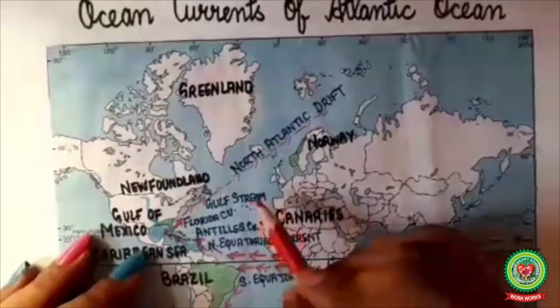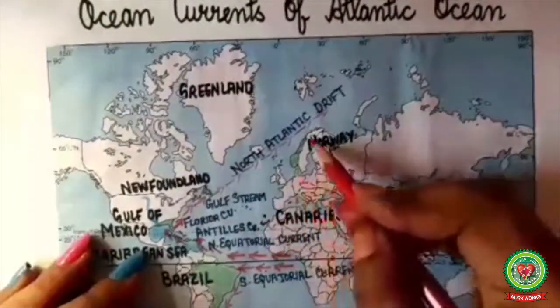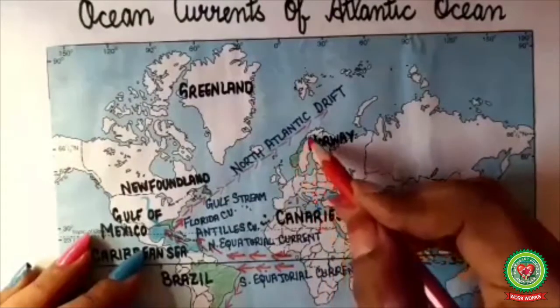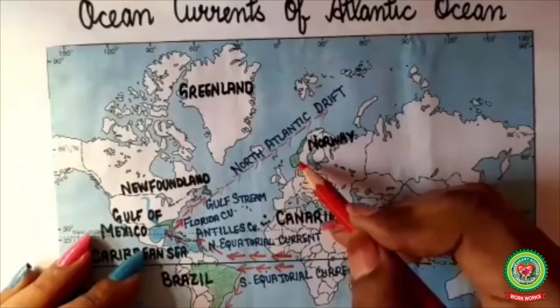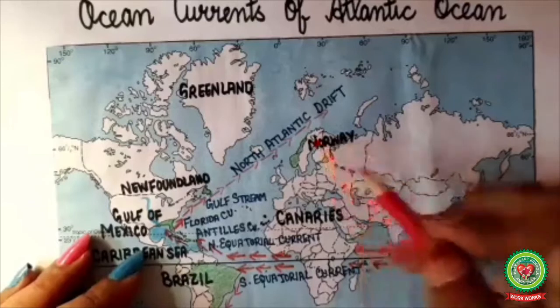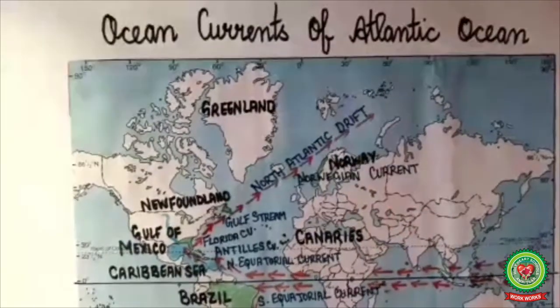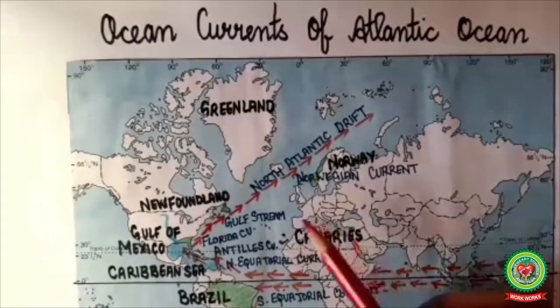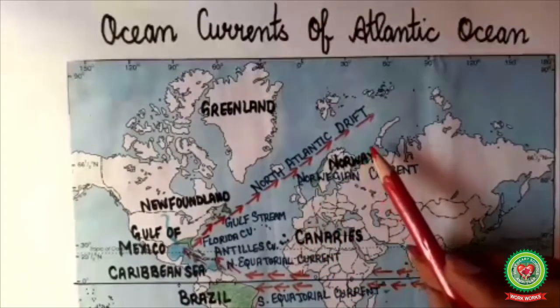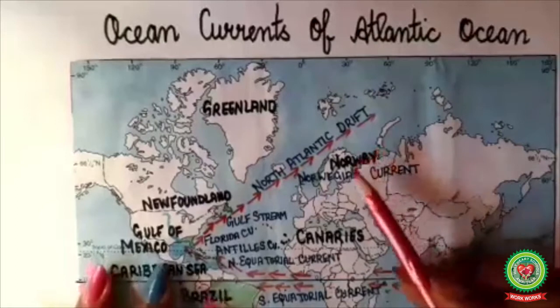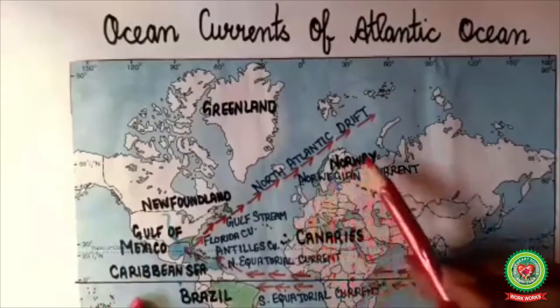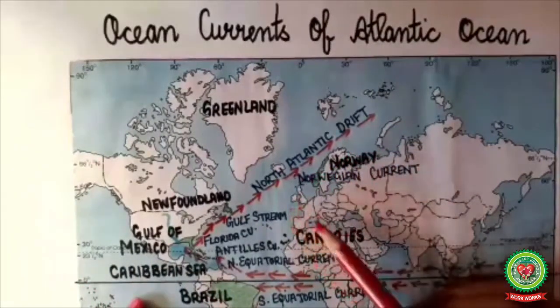When the North Atlantic Drift reaches the coast of Norway, here it is named the Norwegian current after the country Norway. As the North Atlantic Drift is a warm current, it increases the temperature of the coastal areas of Europe.